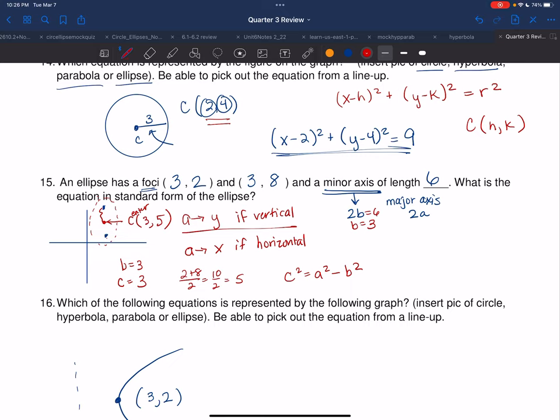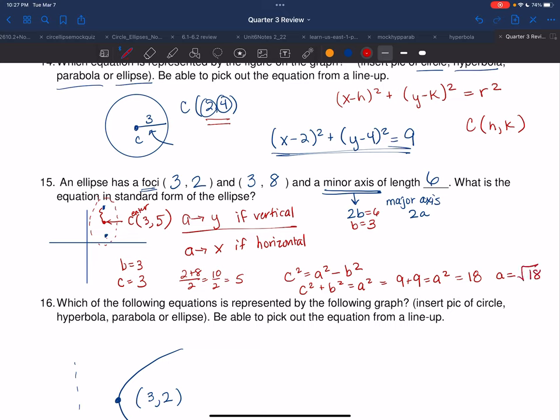So don't forget that. If I'm solving for a squared, it's going to be c squared plus b squared equals a squared. So that's going to be 9 plus 9 equals a squared. So that equals 18. And a is going to equal the square root of 18.